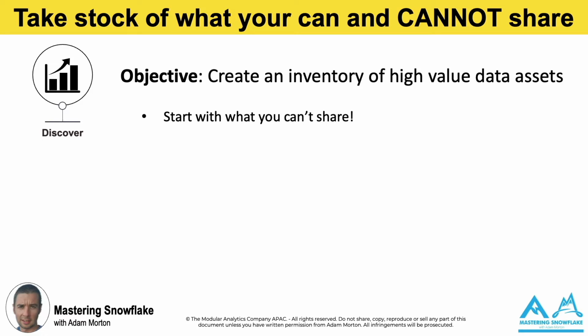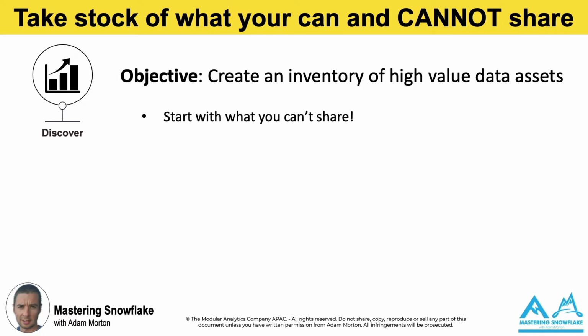And it's often helpful if you have a data classification across your organization, apply that and overlay that to your data assets to work out firstly what's not even worth considering, because spreading the net wide initially and going through every data set takes a huge amount of time. And you don't want to go through all that pain and effort to find out you cannot share that data set because there's some kind of restriction against it.